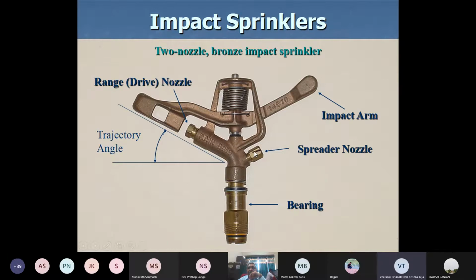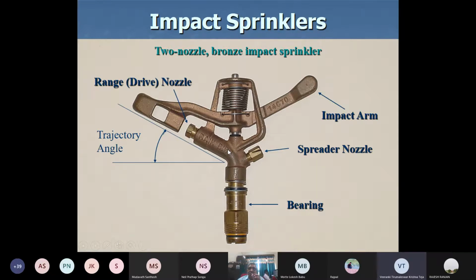And as you see here, there is a slot which is cut. This slot is purposely meant for applying water near the sprinkler, whereas the range nozzle spreads the water at a larger diameter. Sorry, this is not the spreader nozzle. This is the range nozzle. So the range nozzle throws water to a larger distance.